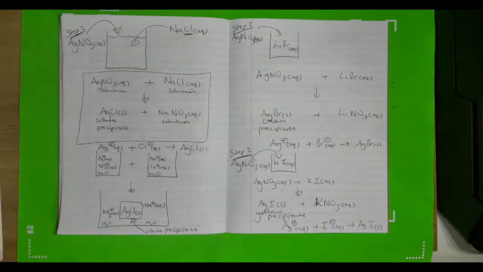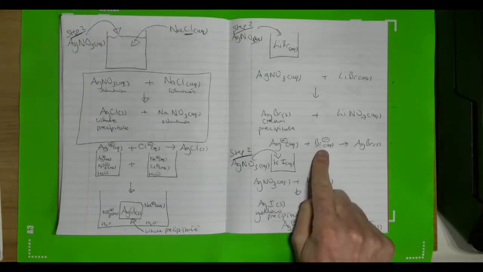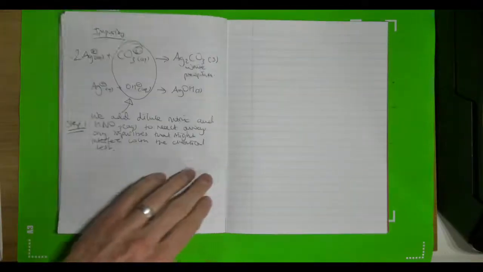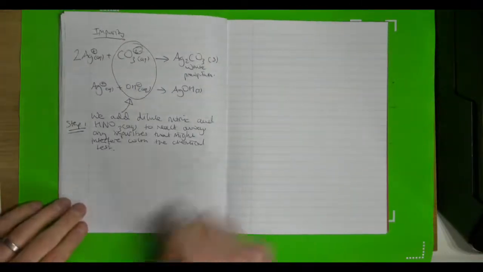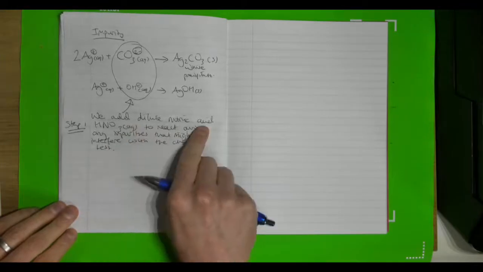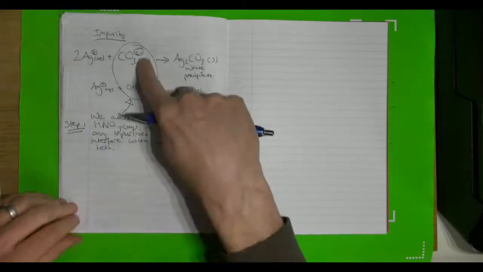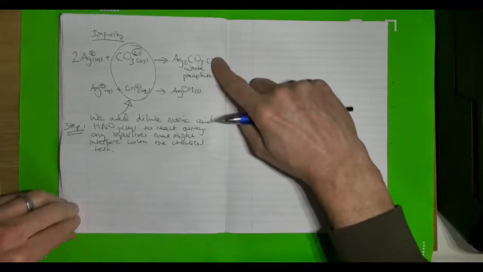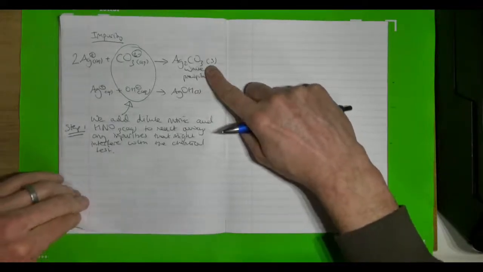So if you're asked in an exam what method you would use, let's say, to test for bromide ions, then the first thing you would say, you get points for, is: I will add some dilute nitric acid to react away any carbonate and hydroxide impurities which might interfere with a chemical test and produce a false positive, because they will produce a precipitate.